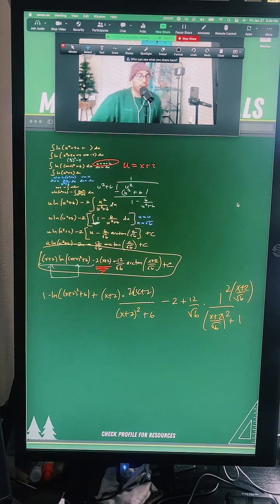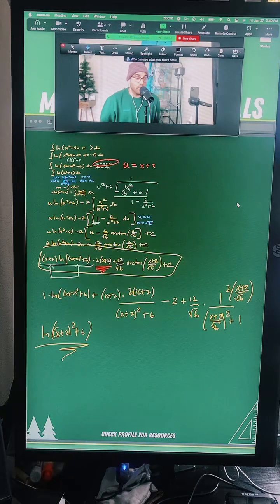Okay, if I simplify this real quick, just watch me do this, and then we can continue with the problems. So this is going to become natural log of x plus 2 squared plus 6. Technically, this is the only thing that should be left over. Everything else should cancel out, which I'm hoping is the case.